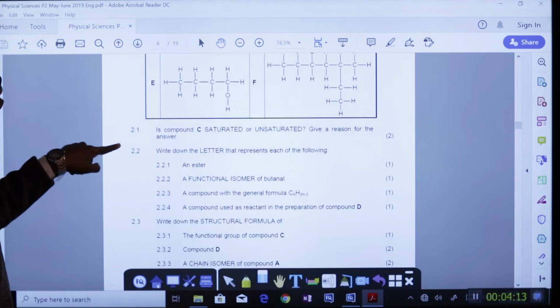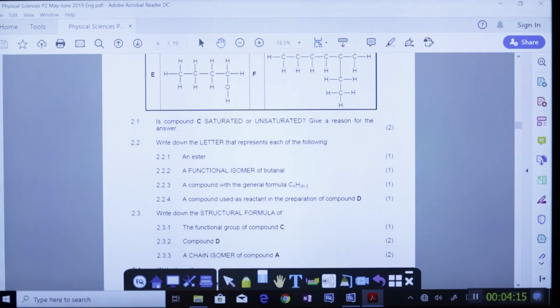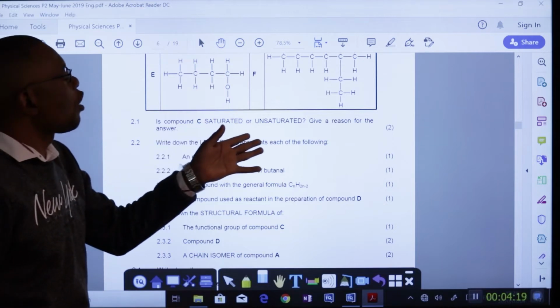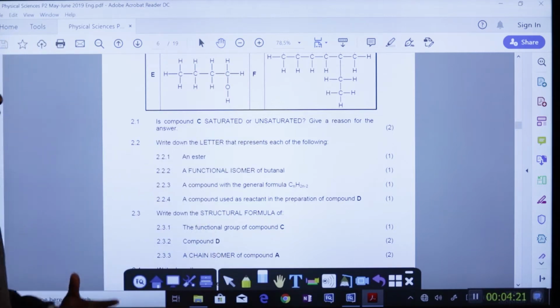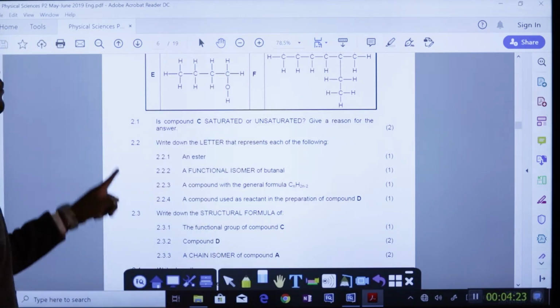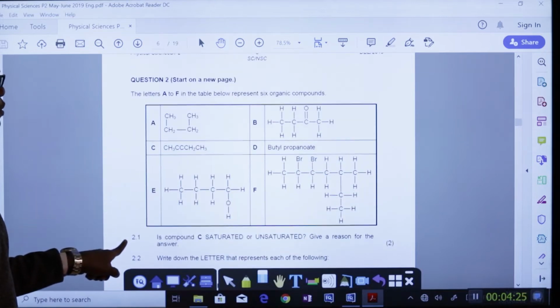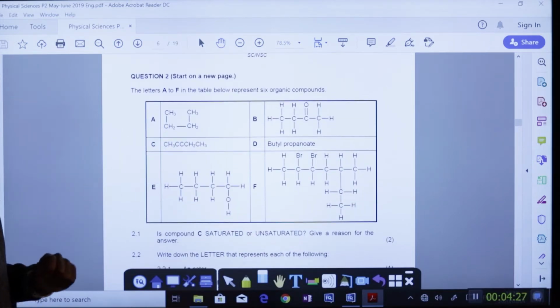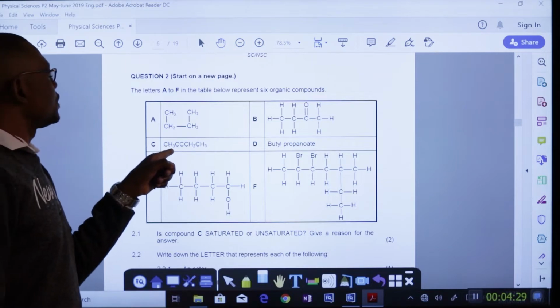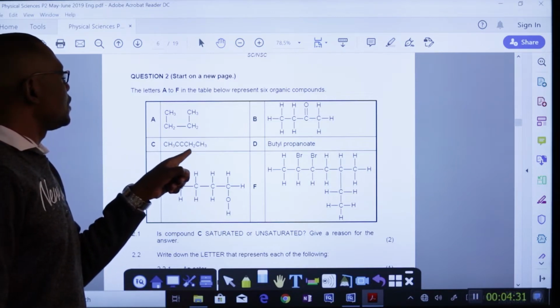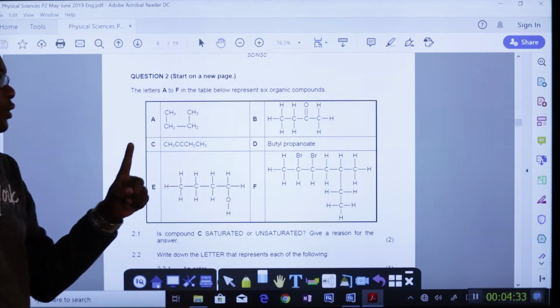If you look at 2.1, it's asking: is compound C saturated or unsaturated? Give a reason for the answer. So where is compound C? There we are: CH3, CH2, CH3.